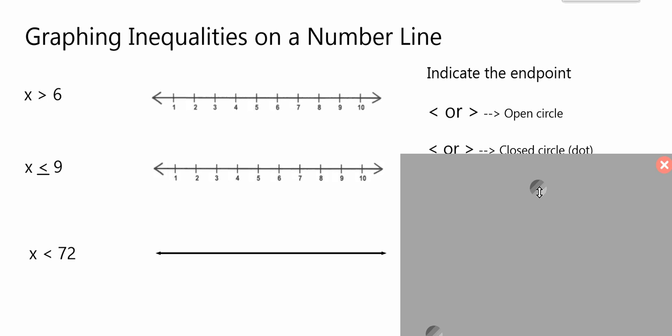If it's less than or equal to or greater than or equal to, we're going to put a closed circle or a dot. So I've got a greater than with no equal sign underneath it. I'm going to take the 6 and put an open circle. I'm not going to fill it in. What that tells us is 6 is not a solution. 6 is not greater than 6.